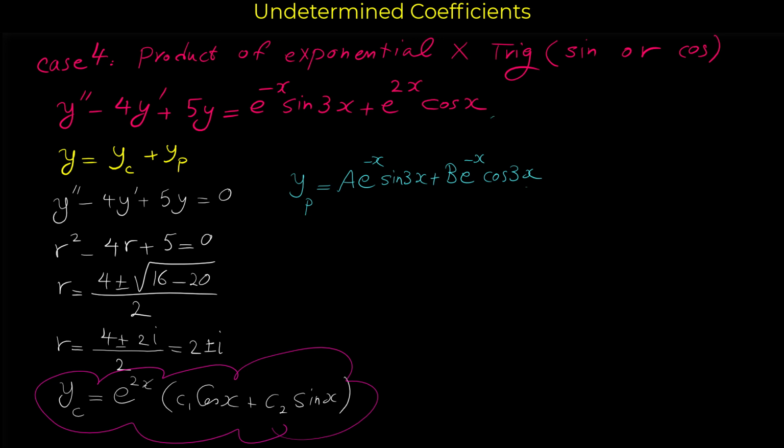And similarly, for this part, the y particular for that is c e to the 2x cosine of x, or sine of x, it doesn't matter which order you put them, plus d e to the 2x cosine x.